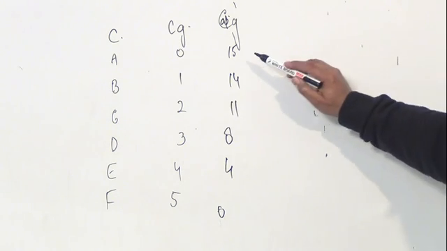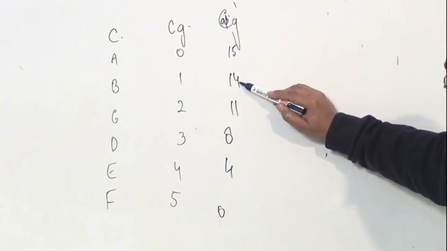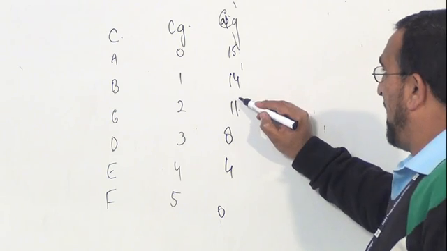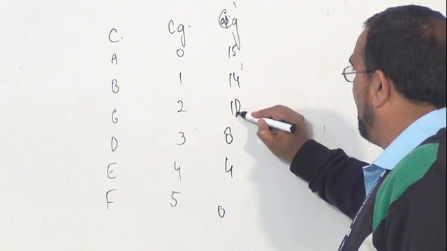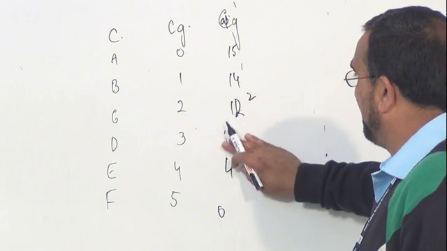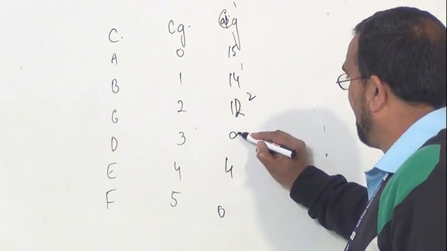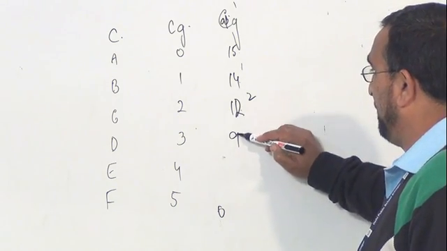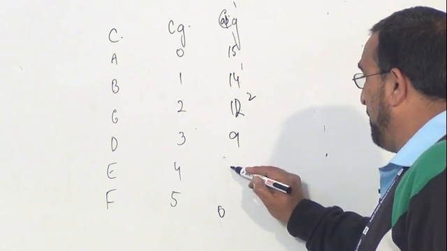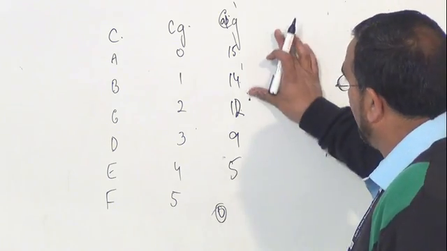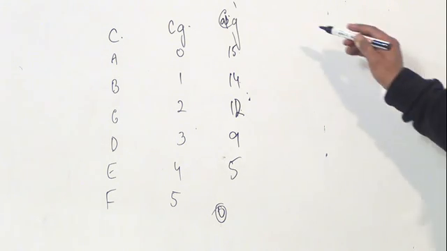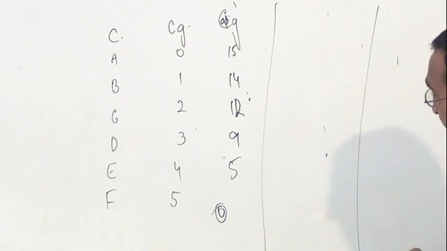Sorry, I made a mistake. The capital goods are 15, 14, 12, 9 and 5, and then 0. You will understand the marginal opportunity cost with the help of this.